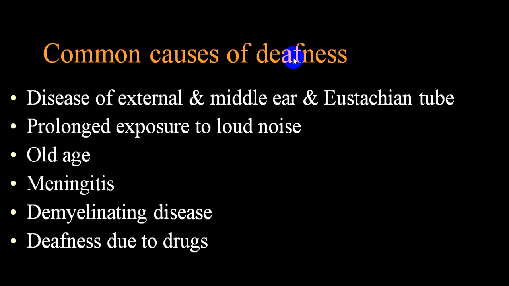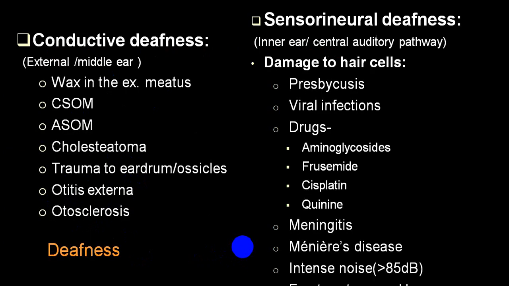Particularly the person will have deafness very frequently, either because of disease of the external ear or middle ear or eustachian tube, or even prolonged exposure to loud sound can produce damage. And in old age, very frequently because of Meniere's, a person can develop it, or even because of degeneration of nerve fibers. In CNS disease like meningitis, demyelinating disease, or because of drugs, particularly streptomycin, chloroquine, quinine etc., those drugs can produce damage.